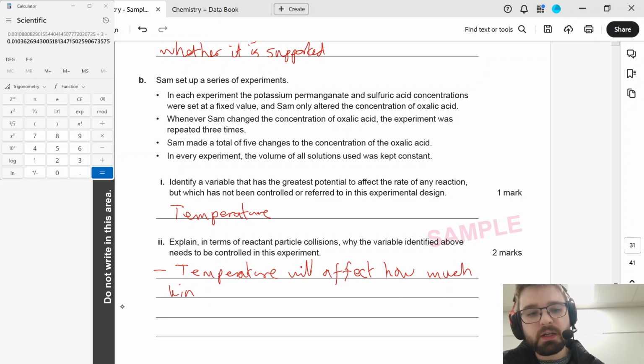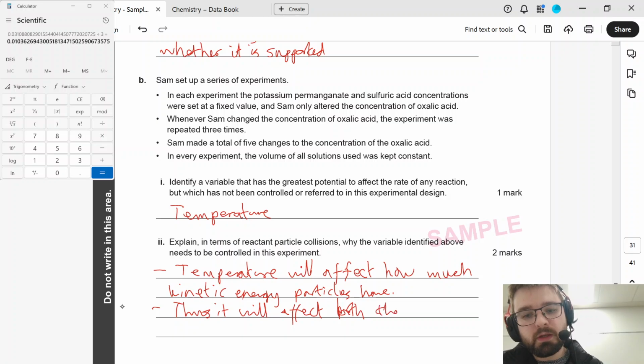Temperature will affect how much kinetic energy particles have. Thus, it will affect both the frequency of collisions and the success rate of collisions. I keep saying number of collisions when I say this.